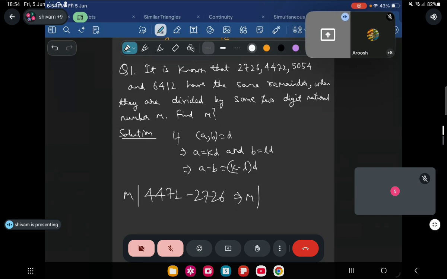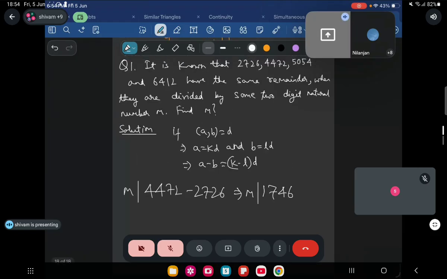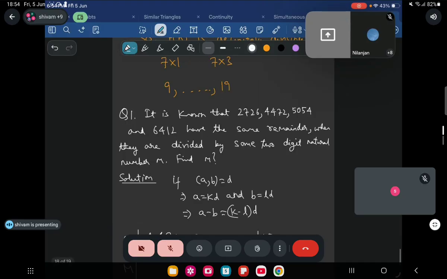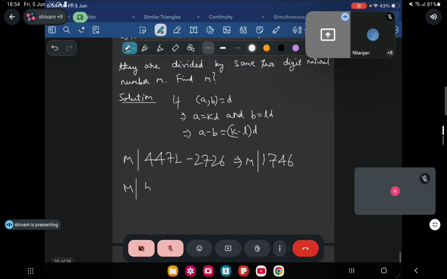Tell me, 4472 minus 2726. How much did you get? 1746. Correct. M also divides the difference of 5054 and 4472.